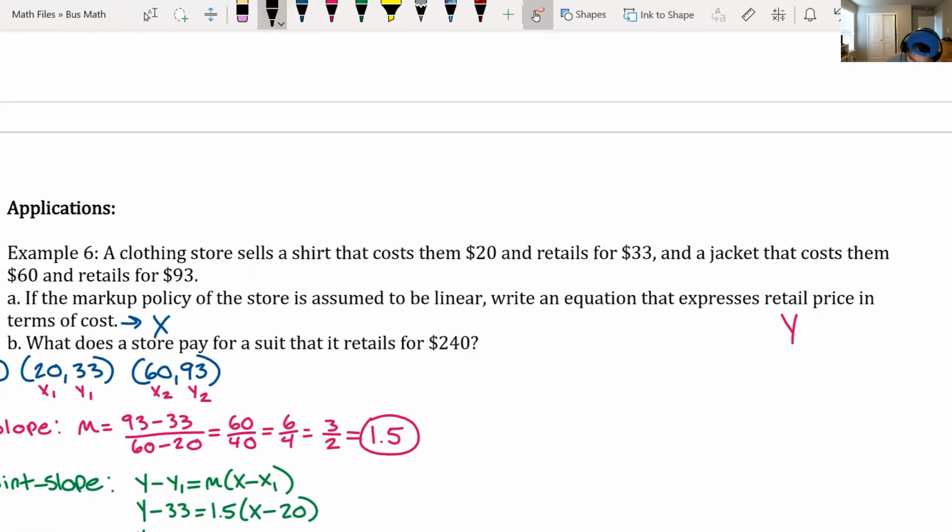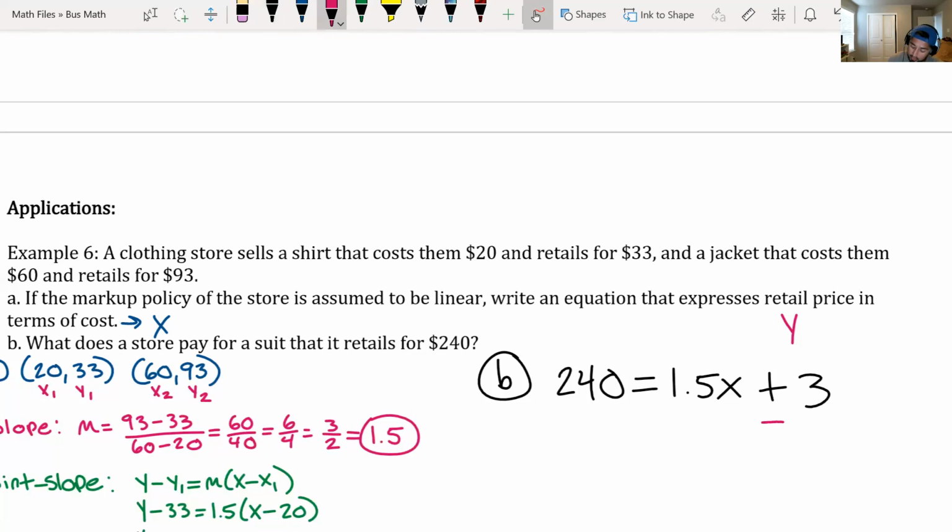All right. So this means for B, we're finding the cost, which means that we're going to take 240 and set it equal to our new equation, 1.5x plus 3.